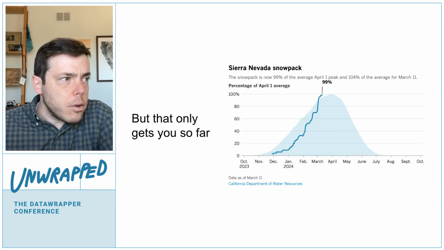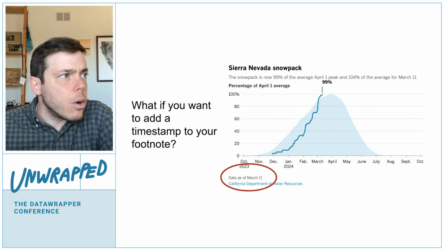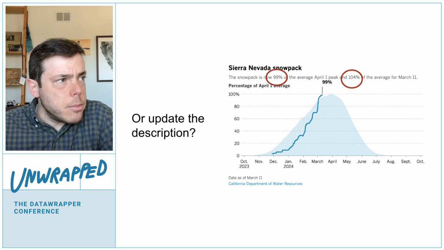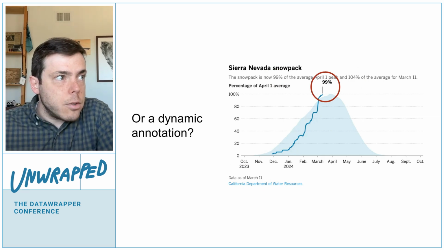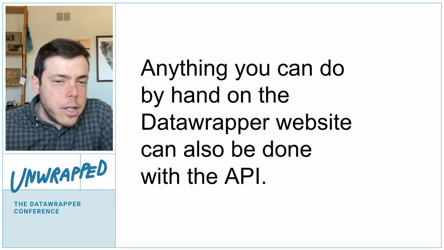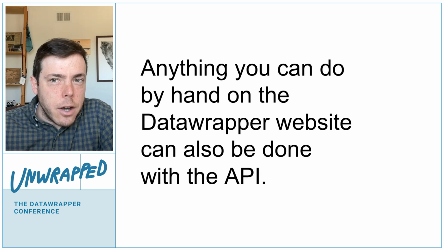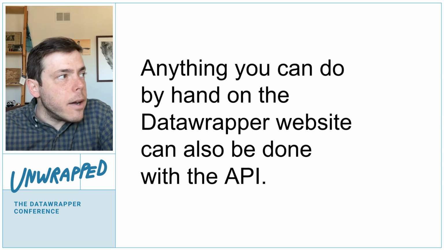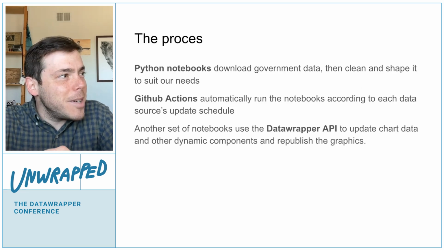There are all these other little things on a chart that are important to add, such as maybe the last date of the data, or maybe your description has some dynamic variables, or even an annotation that you want to track across the chart or update a number there. Normally, you could easily do that by hand on the website. Anything you can do by hand on the Datawrapper website, you can also do in the API. All you need is, well, this isn't a beginner's talk, even though I would call myself a beginning coder.